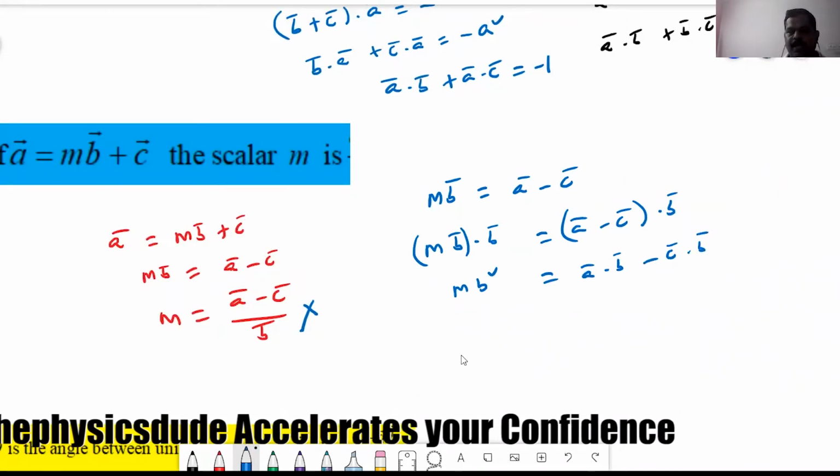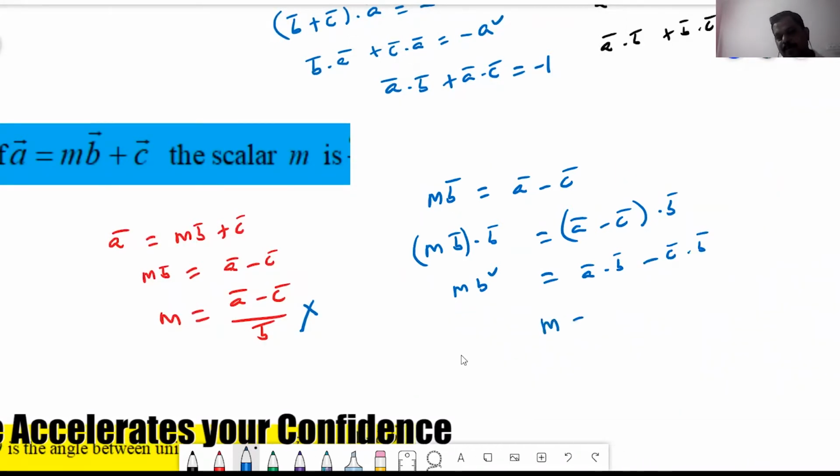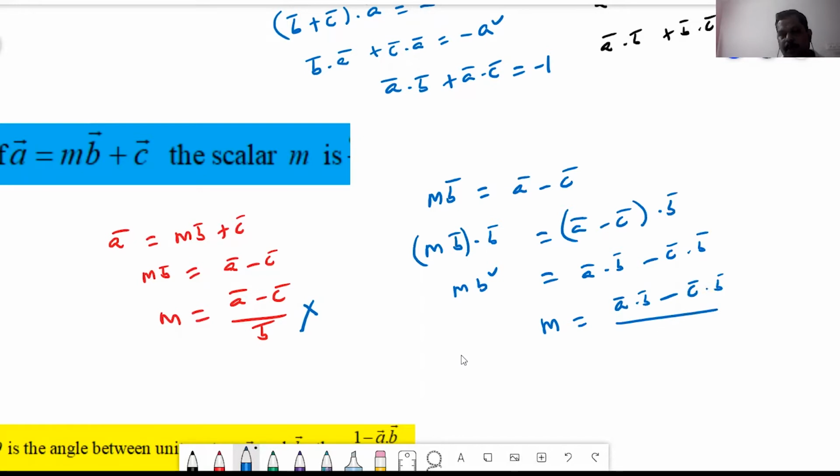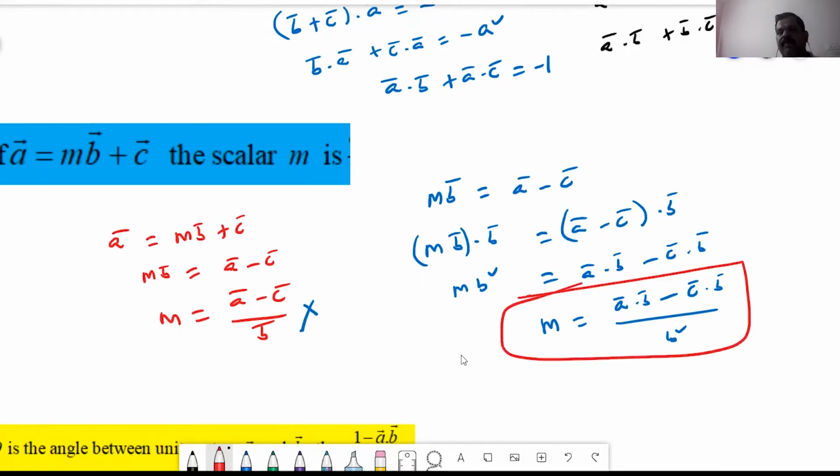Now it became a number. So M is equal to A bar dot B bar minus C bar dot B bar, whole upon B square. This is the required answer for the given question. A very, very standard problem.